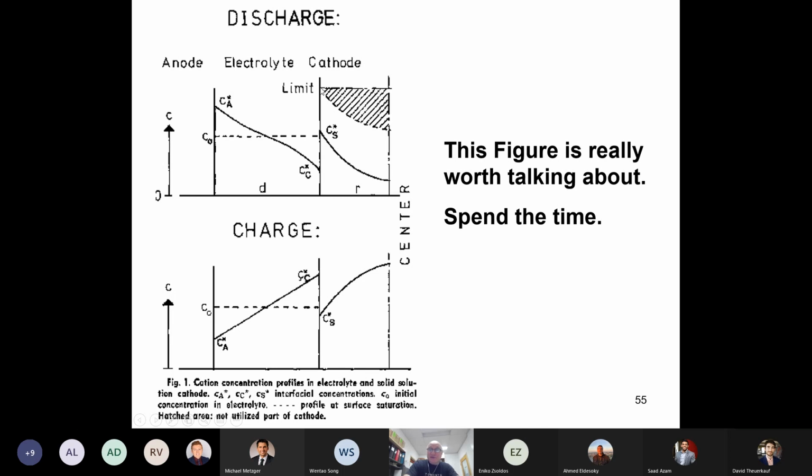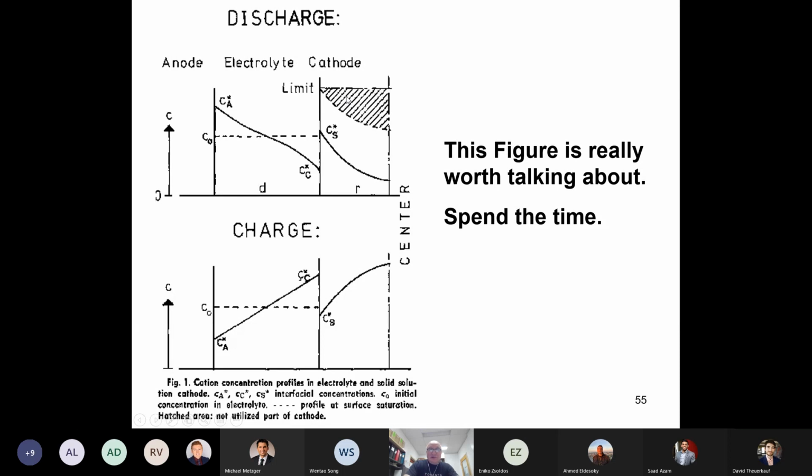The surface is full, that means the voltage will drop below the cutoff point of your cell, of your charger. And there's all this capacity that you could have had, but you don't get.